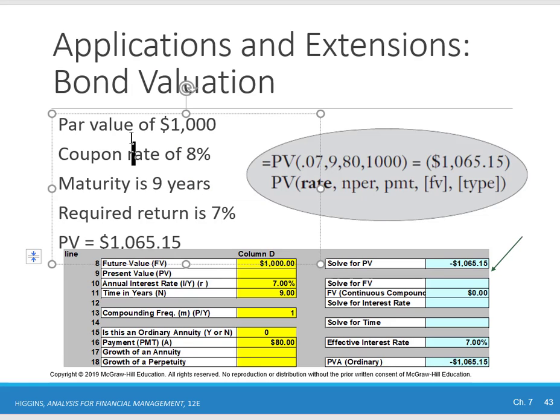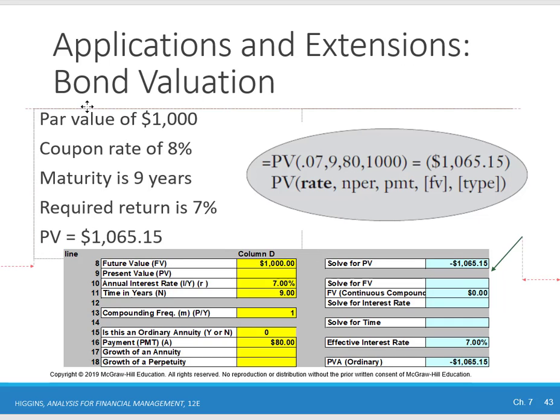We can apply these discounted cash value applications to a bond. So there's one of the examples. We can use the time value of money, and this is what we know about a bond. Par value is 1,000. So at the end of the time frame, you're going to get $1,000. So the future value is $1,000. The coupon rate is 8%.